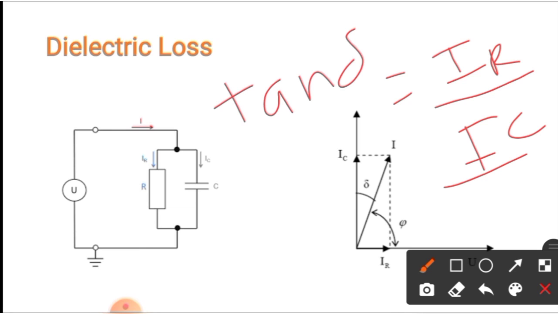So you can calculate the loss angle by using this ratio. Generally, tan delta in case of perfect insulation material is 0, and tan delta is used to measure life expectancy of insulating material.